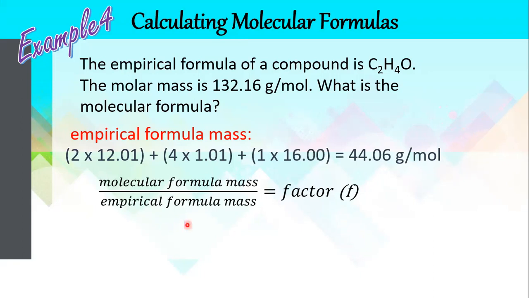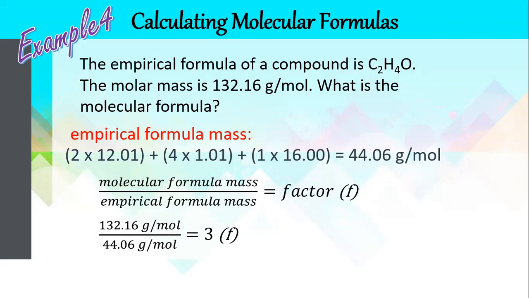We have this formula for the factor: molecular formula mass over the empirical formula mass. The molecular formula mass is the same as the molar mass, which is 132.16, and the empirical formula mass is 44.06. Let us substitute, and we get a factor of 3.